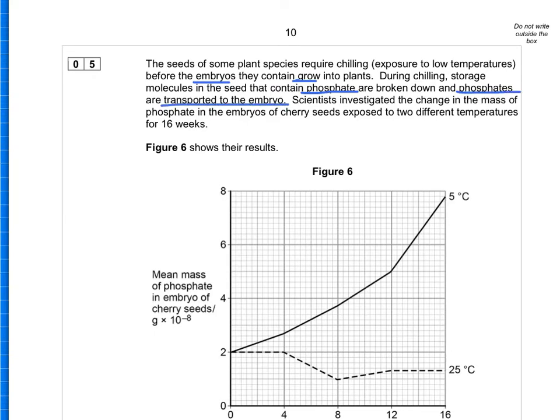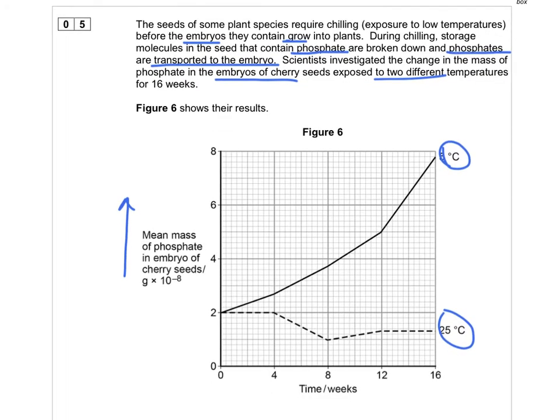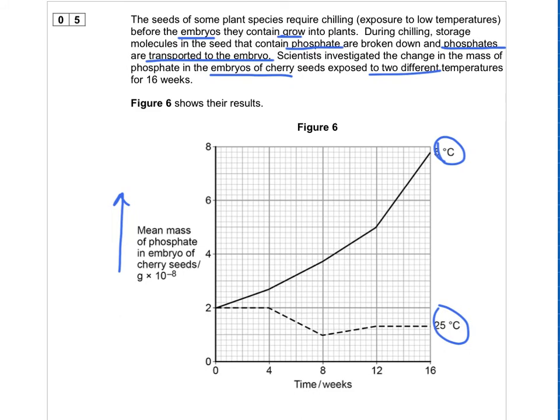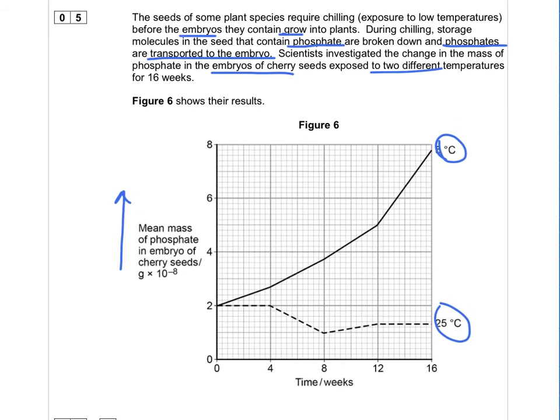Scientists investigated the change in mass of phosphate in the embryos of cherry seeds at 2 different temperatures, and you can see the mean mass of phosphate in the embryo at 5 degrees and at 25 degrees, and the number of weeks, of course. You can see there's quite a big difference between 5 and 25.